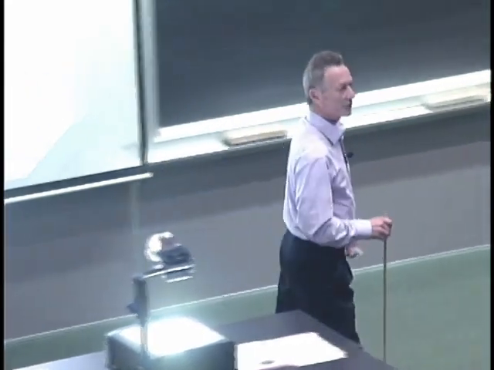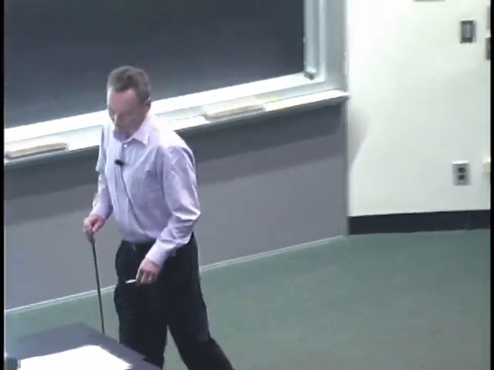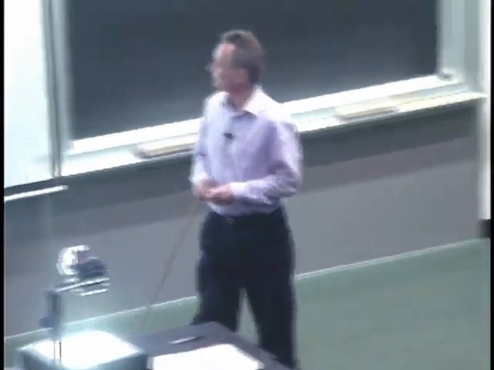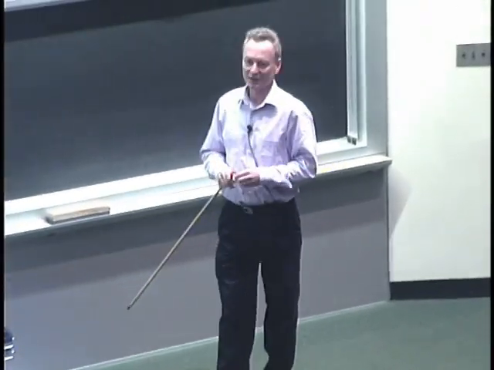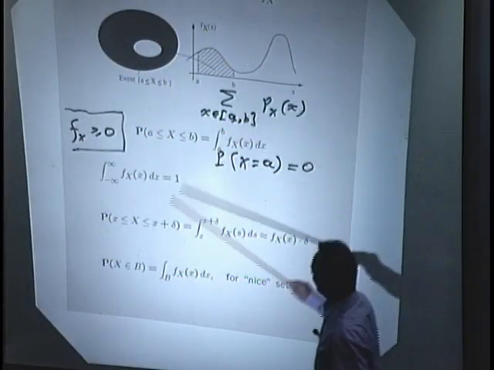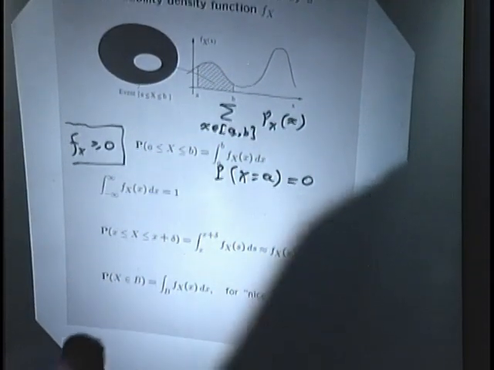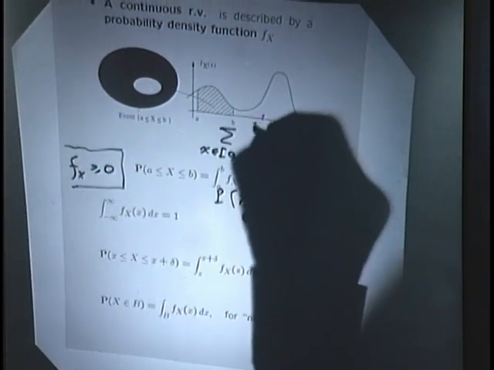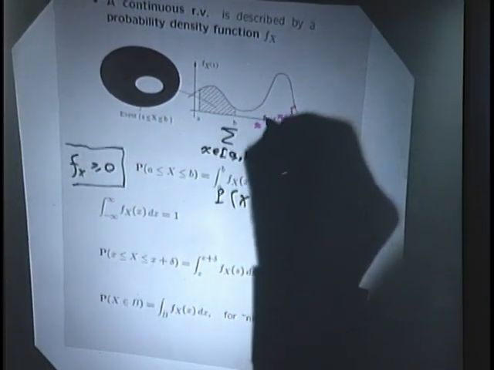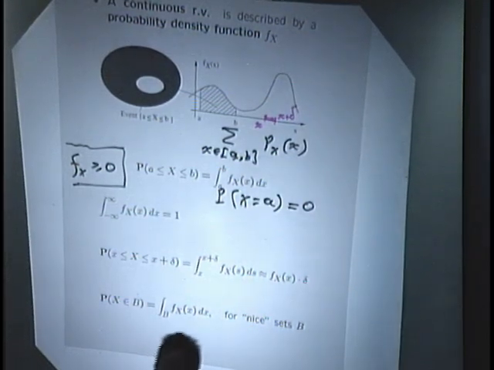Now, what's the best way to think intuitively about what the density function does? The interpretation that I find most natural and easy to convey the meaning of a density is to look at probabilities of small intervals. So let us take an x somewhere here and an x plus delta just next to it. So delta is a small number.